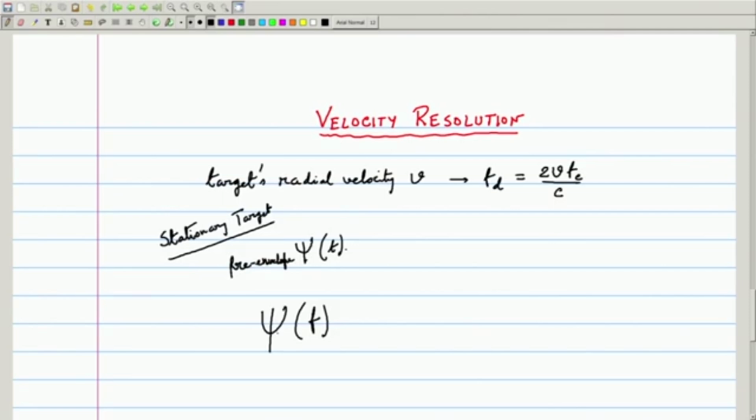But please remember that this psi and this psi are not the same, though we are using the same symbol, because this thing may be real, but this is complex.